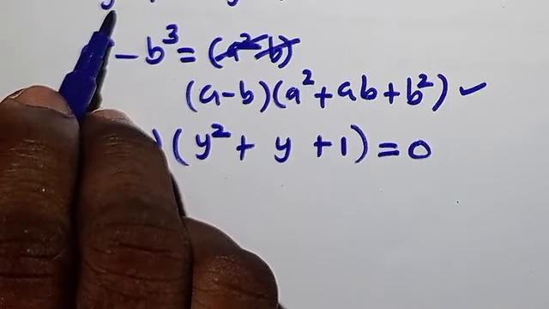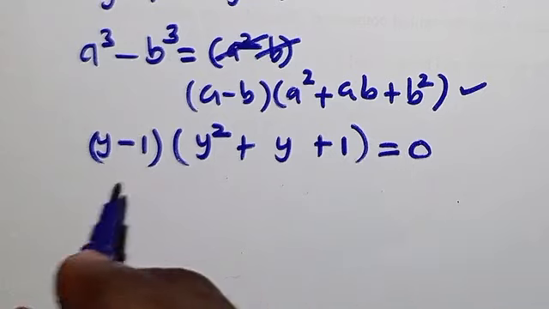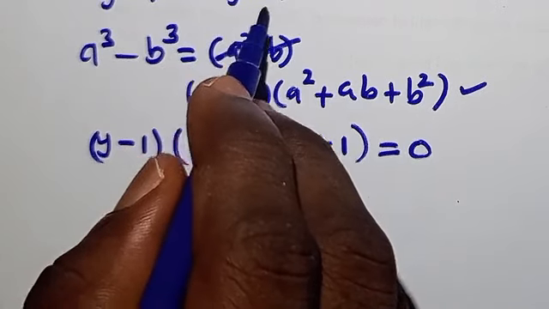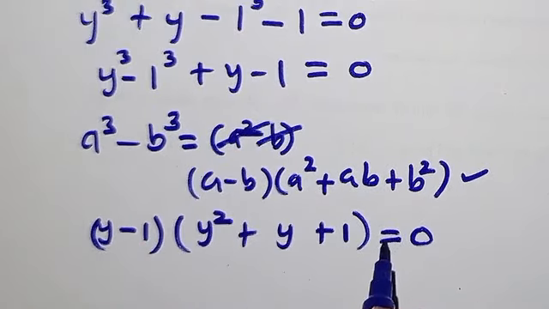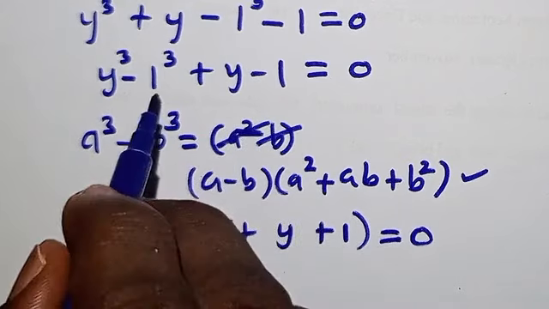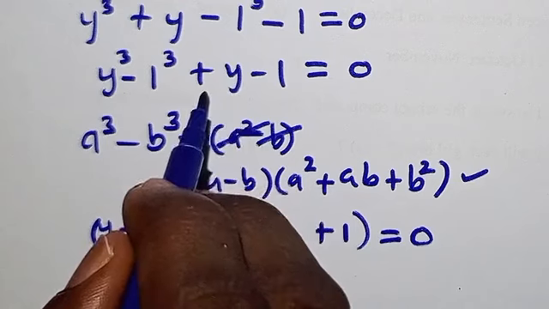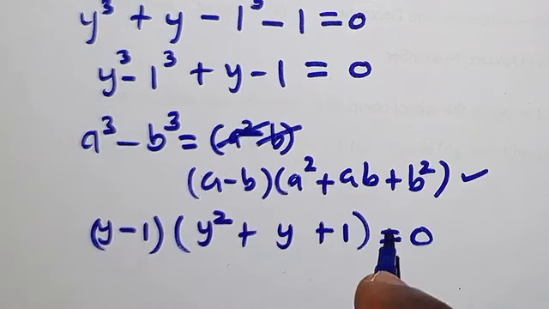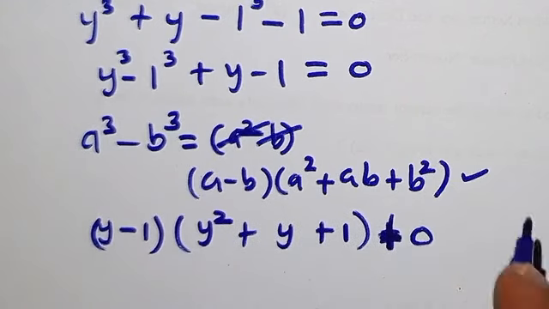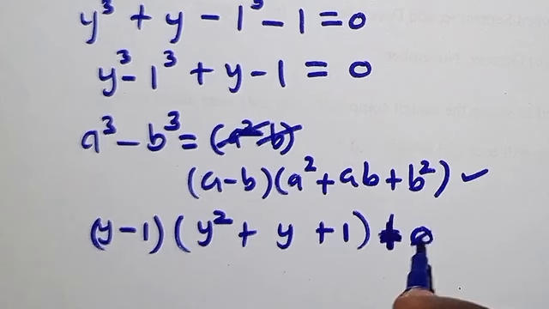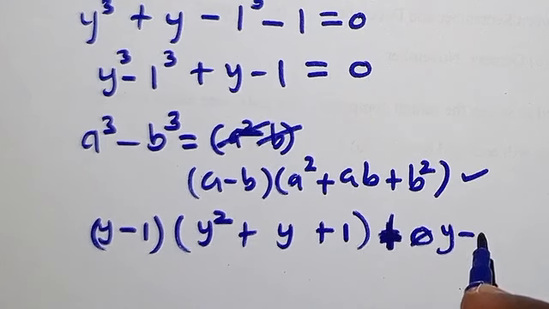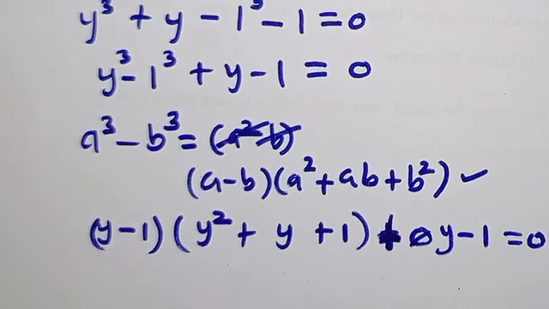That is what we have here, okay, but we want to include this. We don't need to put equals 0 here, I've omitted this plus y minus 1, okay, equals 0.